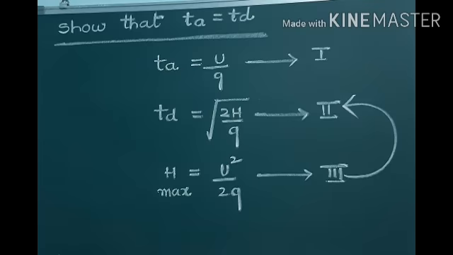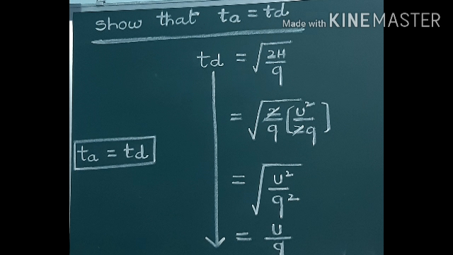Now show that time of ascent equals time of descent. Time of ascent equals u by g. Time of descent, we recently derived, is the square root of 2h by g. And h maximum, in the previous class, we derived as u square by 2g. Now I substitute h maximum, u square by 2g, into the time of descent equation, the square root of 2h by g.